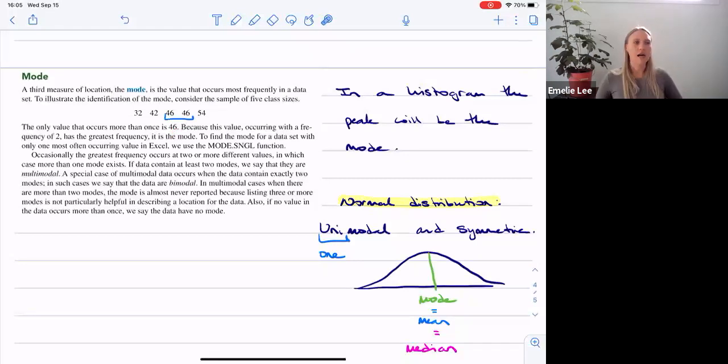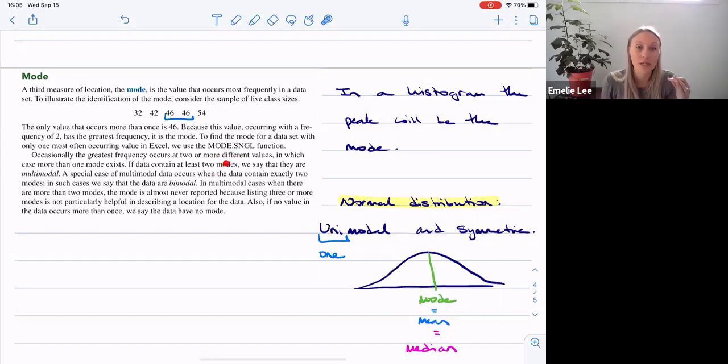Okay. It's possible to have more than one mode. And kind of a downfall of Excel, it seems like you have to use different functions. So there's the mode.single function if you're looking for a single mode. But if there happen to be multiple modes, there's another function that you have to use.